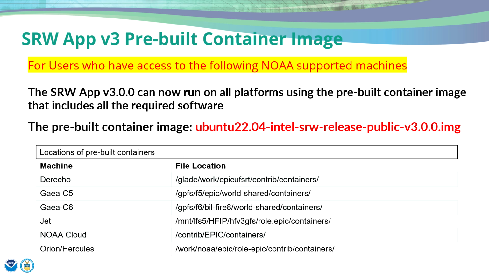They are available to download from the following machines or spaces supported by Nova. These machines include Derecho, Gaea C5, Gaea C6, Jet and Nova Cloud, Orion, and Hercules. Also, users who do not have access to these systems need to download the container image from the EPIC Community Portal, and I'll be showing that in just a moment.